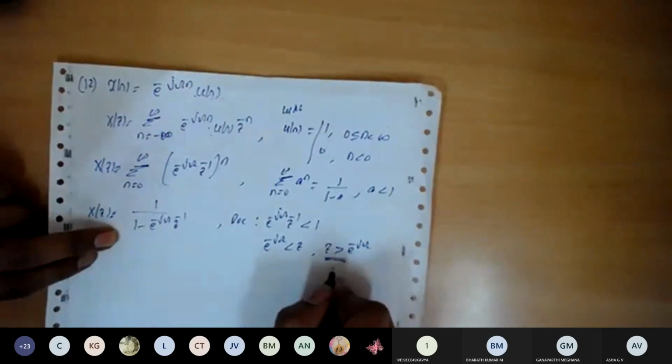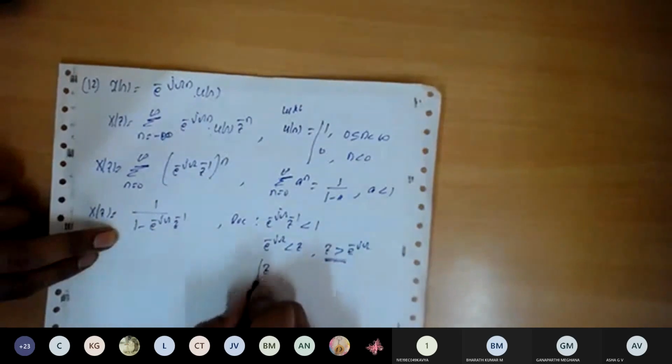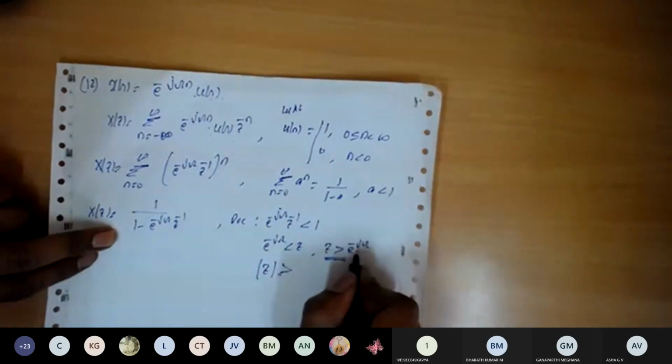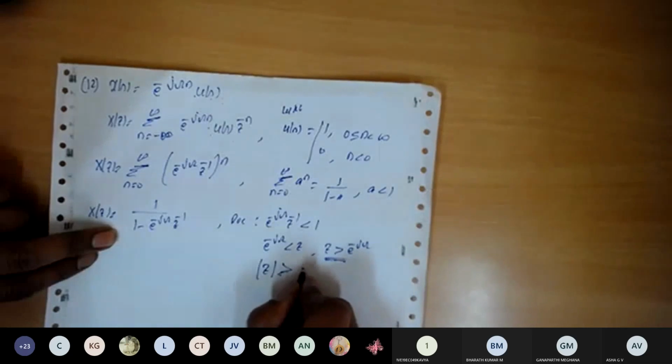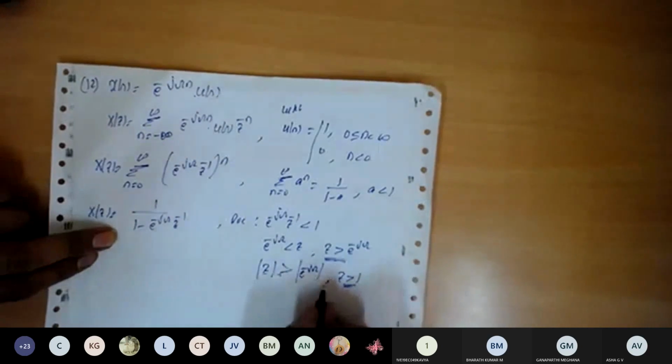This is the region of convergence. When I consider the magnitude of e to the power of minus j omega, it is nothing but 1. So z should be greater than 1 is the region of convergence, if we consider the magnitude.